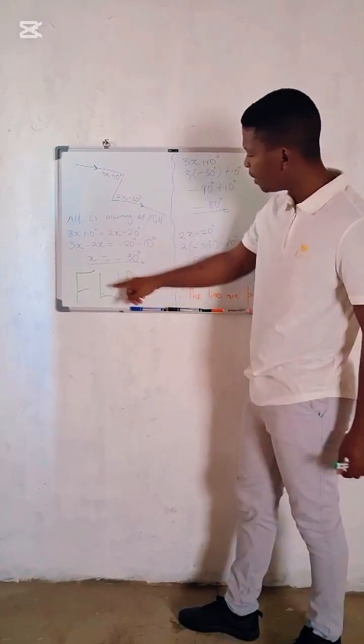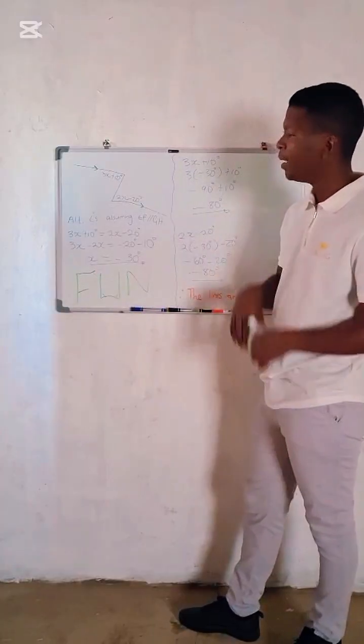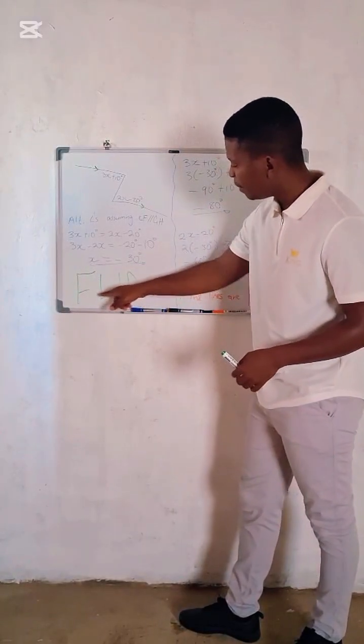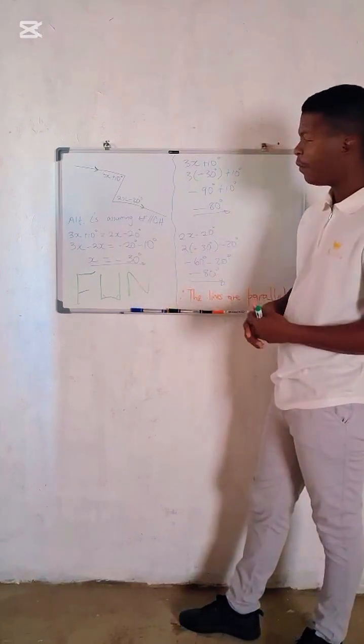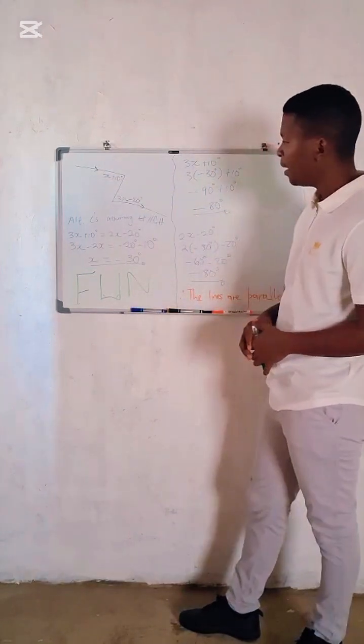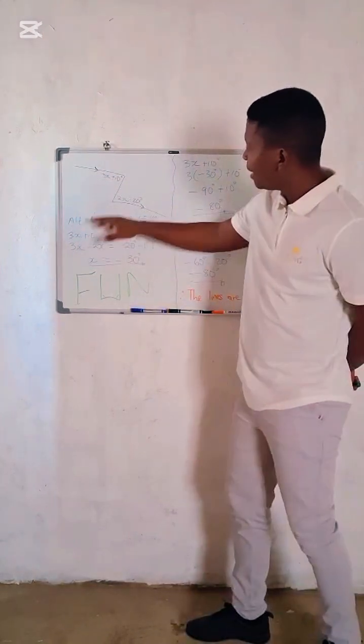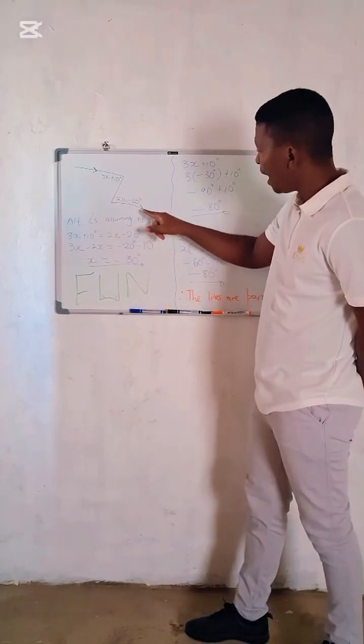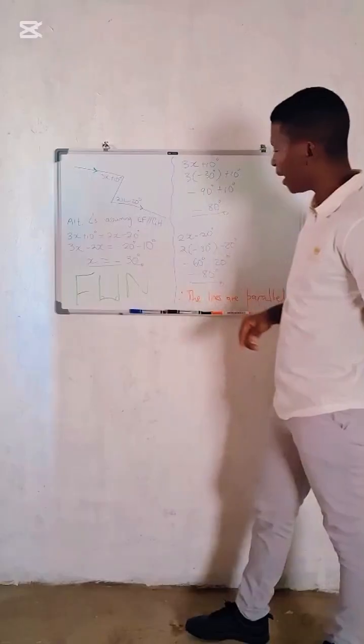Even if I use co-interior and corresponding angles, as long as they are equal, or supplementary in the co-interior case, then I've proven that these two lines are parallel. Now, I used alternating angles, as I've said, this is a Z shape, assuming these two lines are parallel.